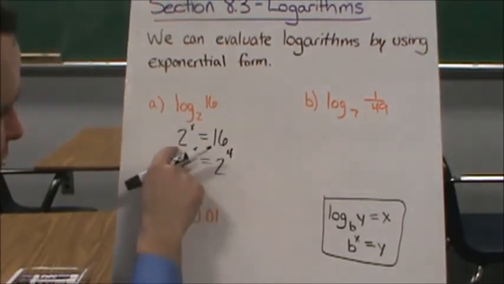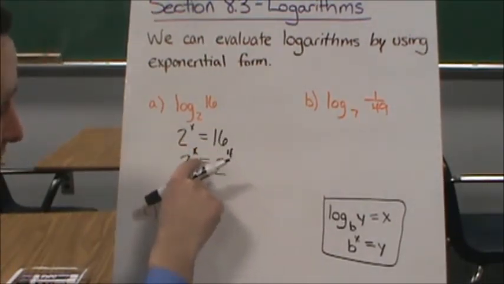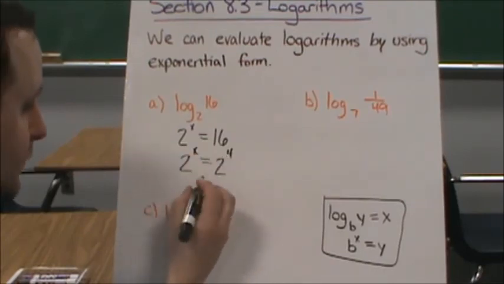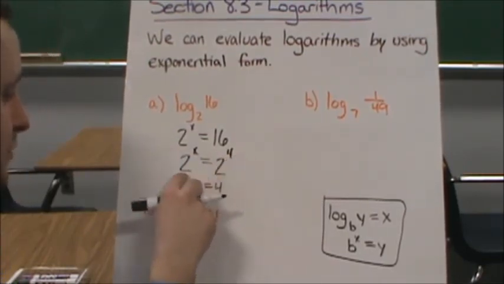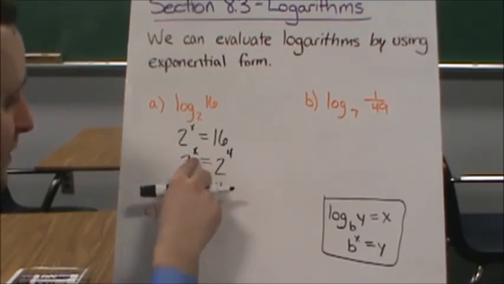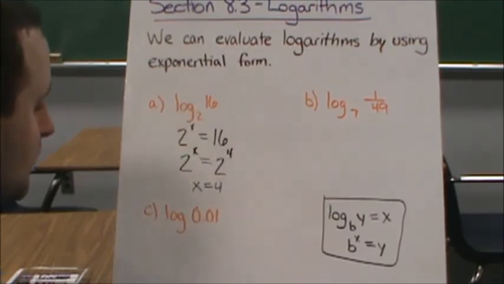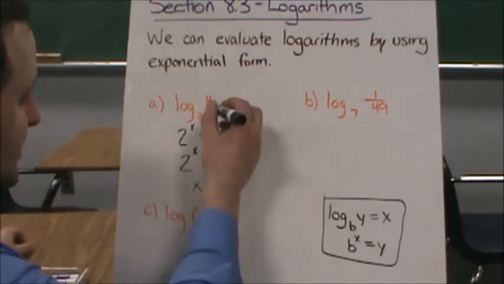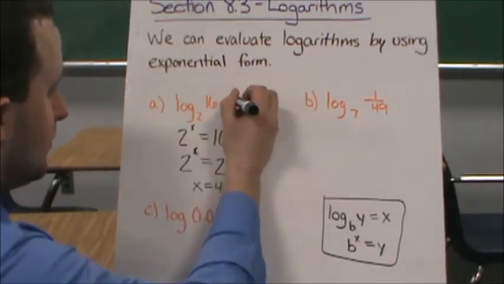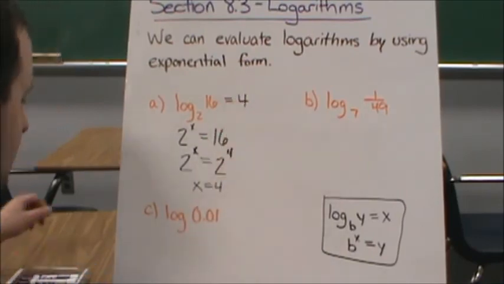We're looking for 2 to the x to be equal to 16, and that can only happen when x is equal to 4, because 2 to the 4th is 16. So log base 2 of 16 evaluates to 4.